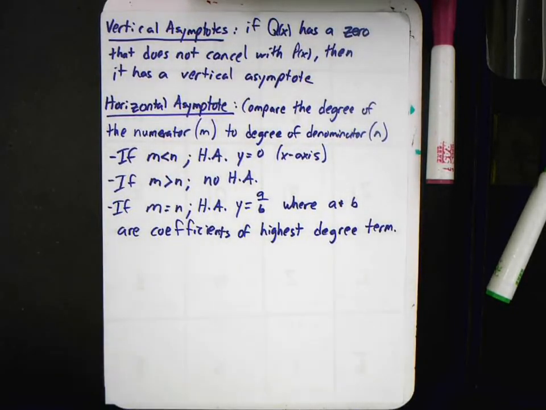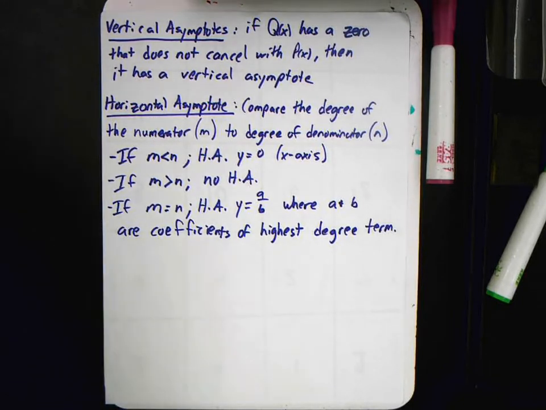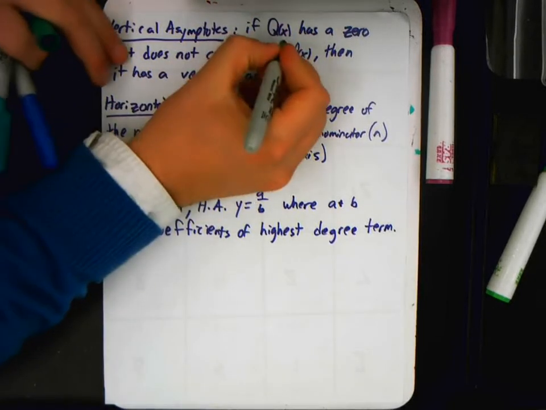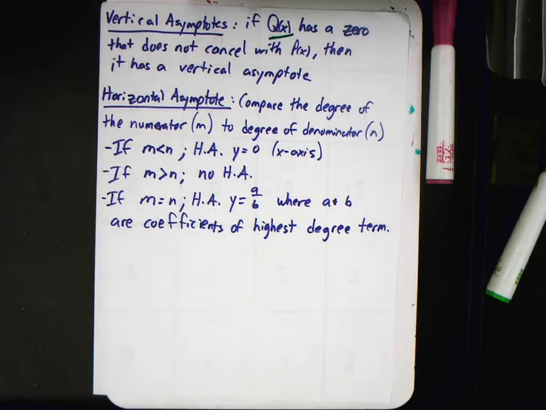And the other thing I want to talk about is finding asymptotes within the equation of our graph. The two different types of asymptotes are vertical or horizontal. If you have a vertical asymptote, that means your denominator, remember q of x is our denominator, has a 0 that does not cancel with our numerator.